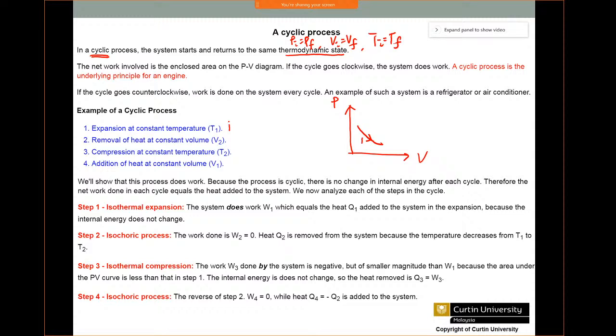Isochoric process, so removal of heat at constant volume. Isochoric process means same volume. Isothermal compression, again, go back, isothermal compression. And finally, isochoric process. Okay, so if you look at this, it starts at this point and ends at the same point also. So this is what it means by cyclic process.